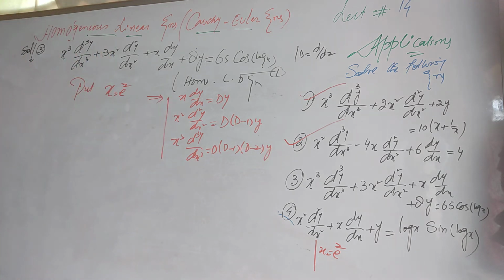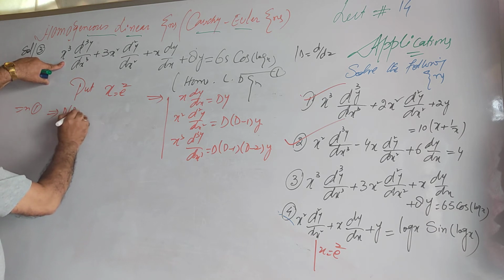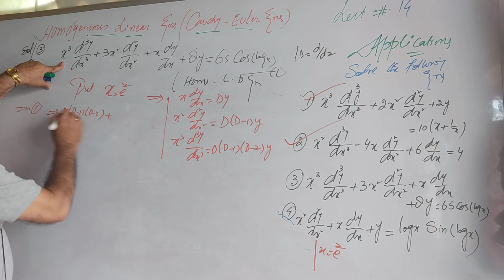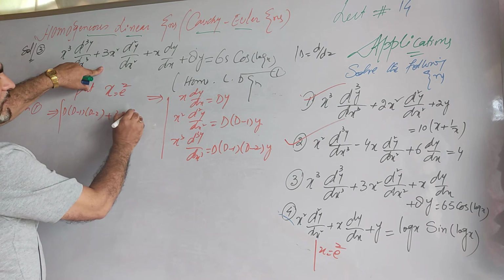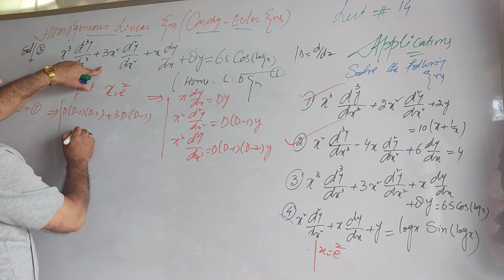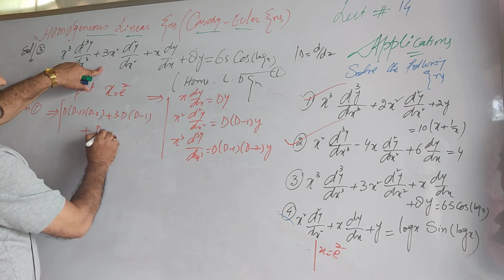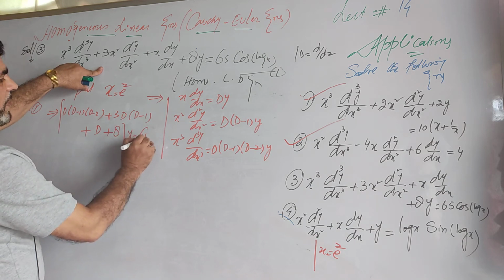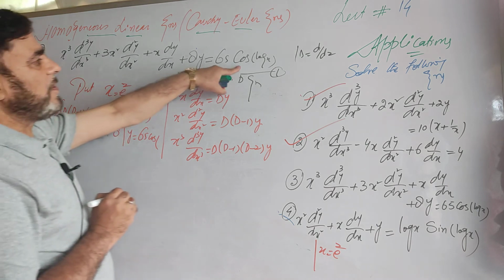So equation number 1 implies D, D minus 1, D minus 2 plus 3D into D minus 1, plus simply D, taking y out, into y is equal to 65 cos of log x.